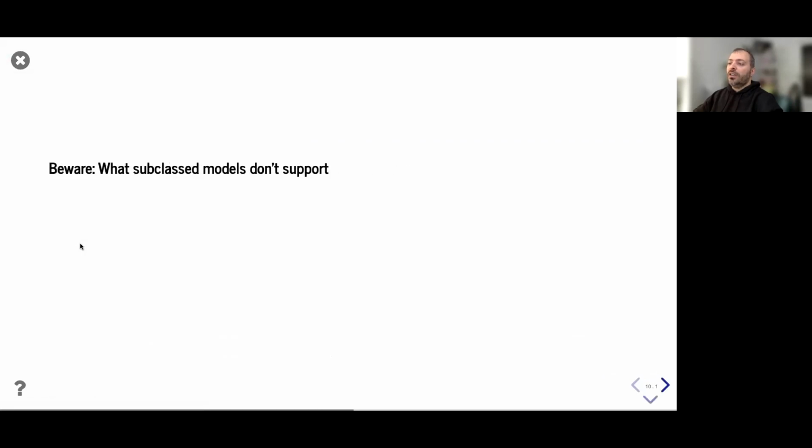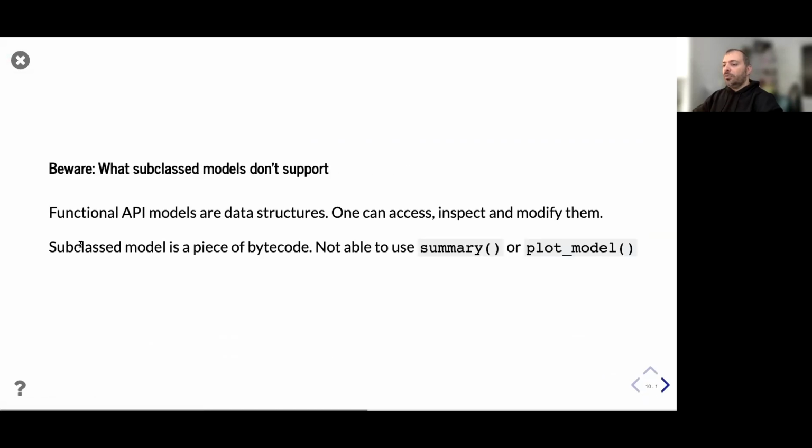Of course, you cannot have everything, so it doesn't support, for example, the summary or the plot model methods and functions. And this is because the functional API, again, is a data structure. The functional API creates a graph. A subclass of the model class is not any data structure, it's just bytecode, it's just Python code, it doesn't have something fixed. This is why you cannot plot any summary, because internally, the structure can change depending on the inputs, for example.